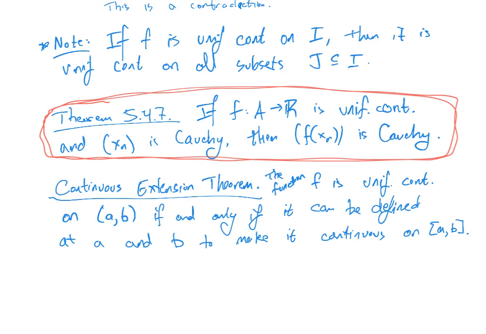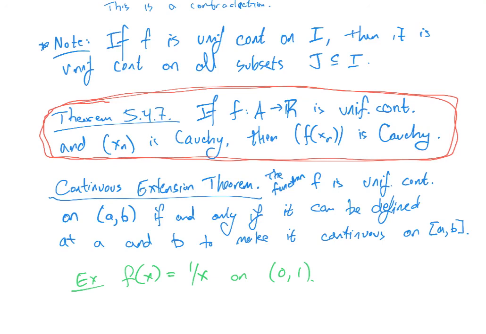So let's look at just one example, and that'll be the end of today's lecture. Let's look at f(x) = 1/x on the open interval, say, 0 to 1. Could that possibly be uniformly continuous on that interval? You look at the continuous extension theorem, and it seems to suggest no, that's probably not going to be true, right?